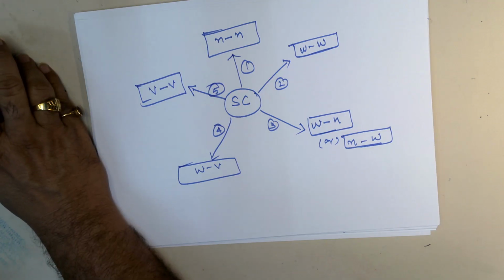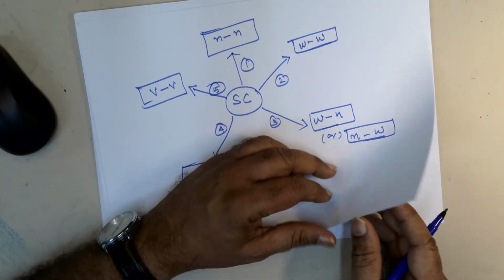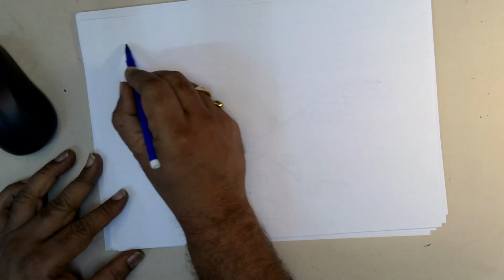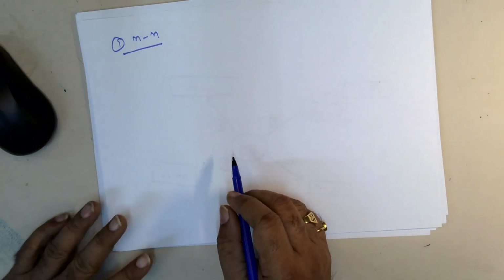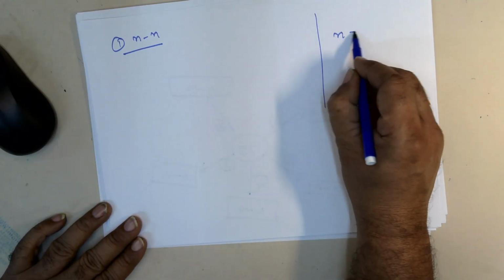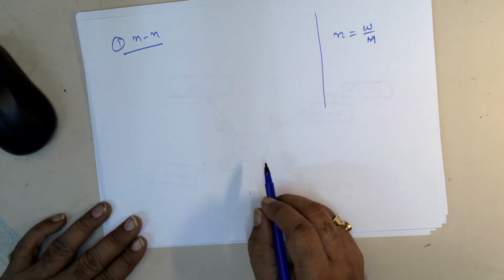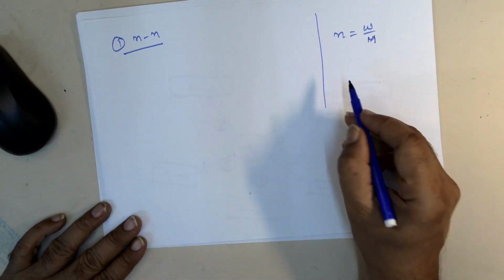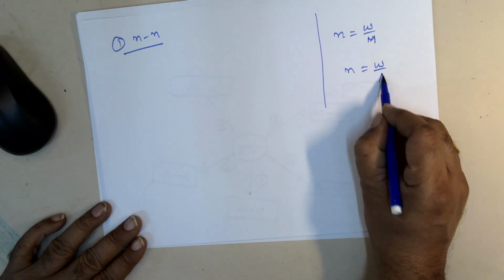What is a mole, and how can you write it very simply, like a mathematical equation? First, let us discuss the mole relation. What is N? Weight by molecular weight. Take down: if it is a molecule. If it is an atom, then you have to consider weight by atomic weight.